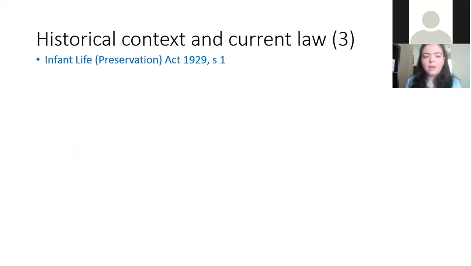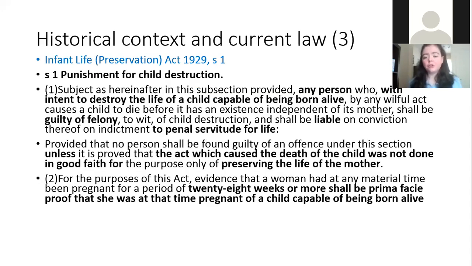Moving on to Infant Life Preservation Act 1929. This is the punishment for child destruction. This one is relevant for two reasons. So, one, trying to word this delicately, it covers the situation in between abortion and child murder, where it's still essentially being born.